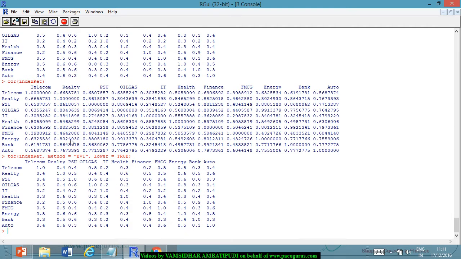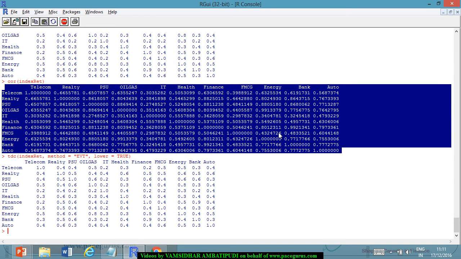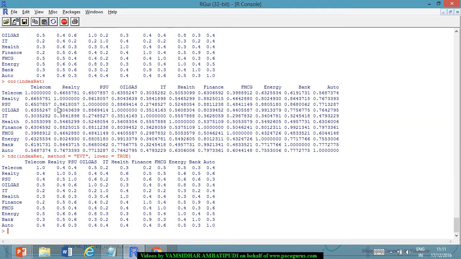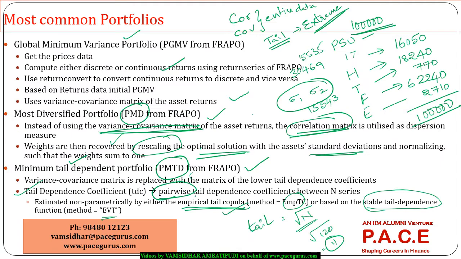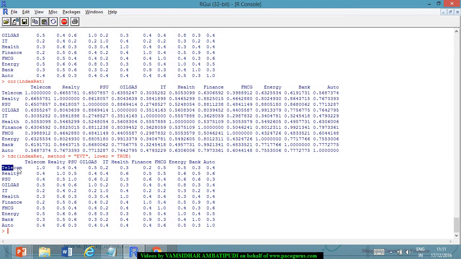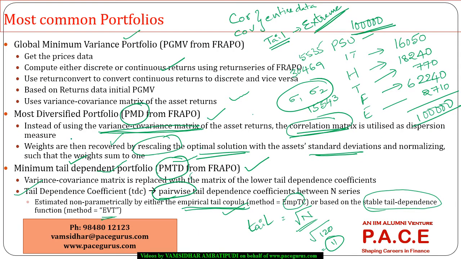The most diversified portfolio does its allocations based on the regular correlations. Whereas the minimum tail dependence portfolio, which uses the tail dependence function, goes more with the tail coefficients rather than these. So that is where the allocations could be slightly different.